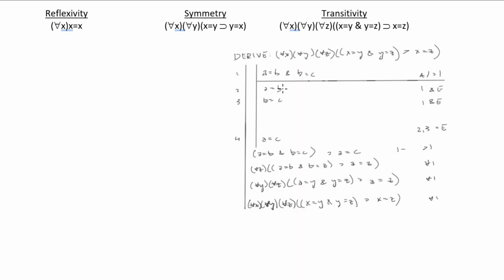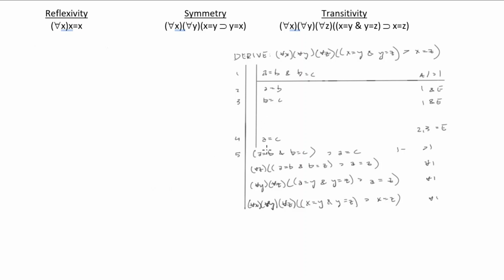And this is one of those instances where, because of the order of the names here, it really doesn't matter whether 2 is the context for substitution and 3 is the identity justifying substitution, or vice versa. We could think of line 3 as the context, in which case b is taken out of line 3 and a is put in for it. So we'd move from b equals c to a equals c because we substituted an a for a b.